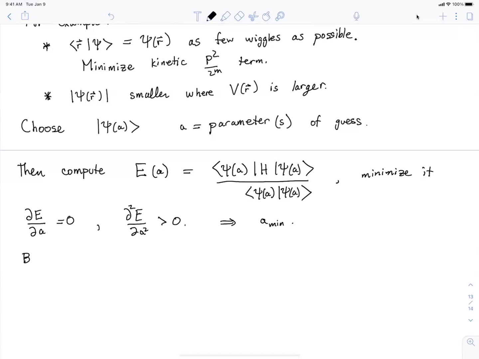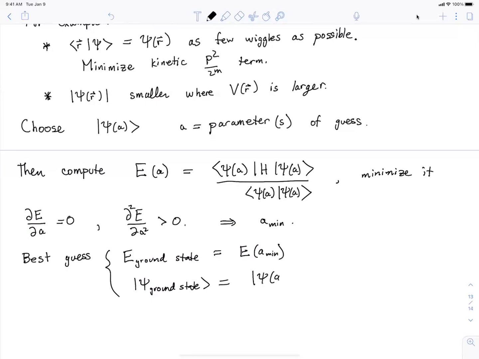And then our best guess for the energy of the ground state, E ground state, is just the function E evaluated at A equals A min. And our best guess for the wave function of the ground state, or the ket of the ground state, is just psi of A min.